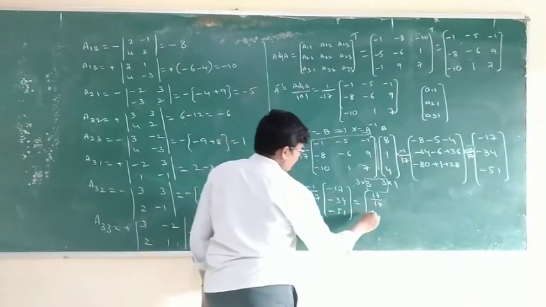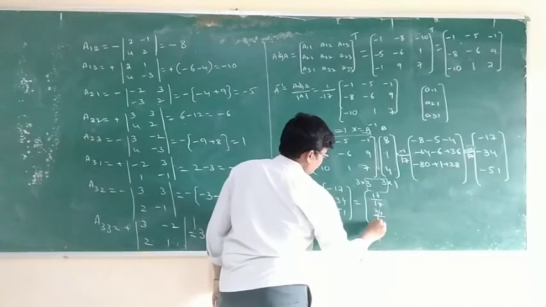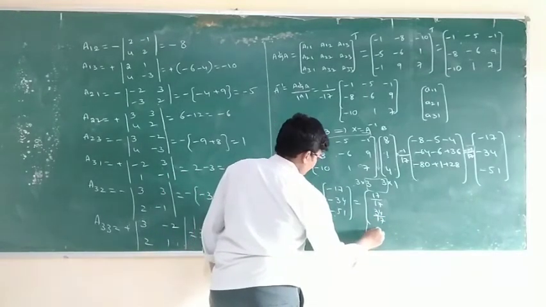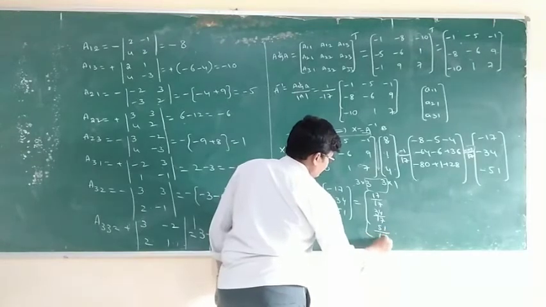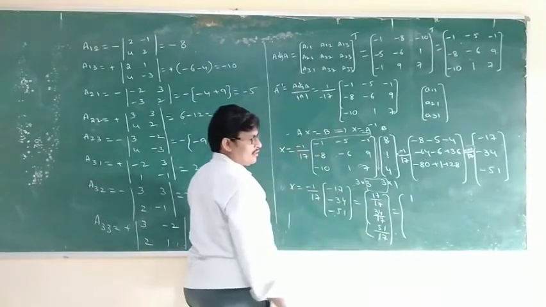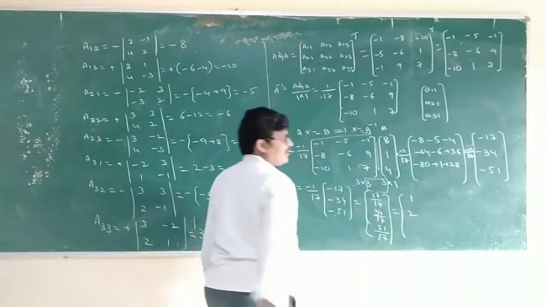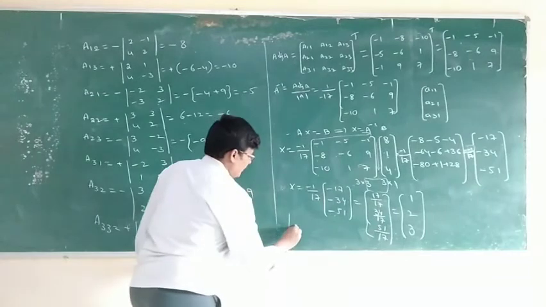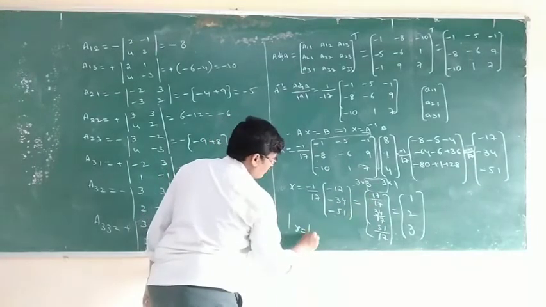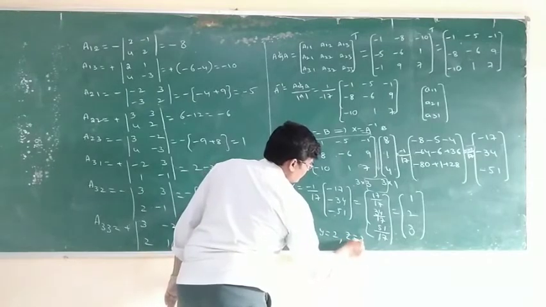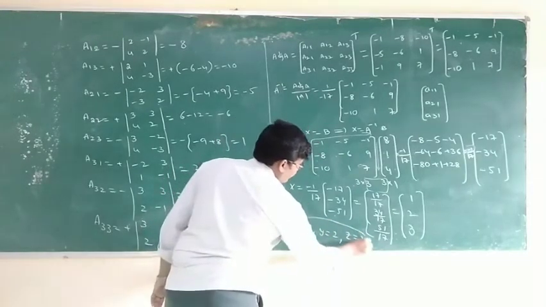Minus into minus is plus: 17 by 17 is 1, 34 by 17 is 2, 51 by 17 is 3. So small x is equal to 1, small y is equal to 2, small z is equal to 3.